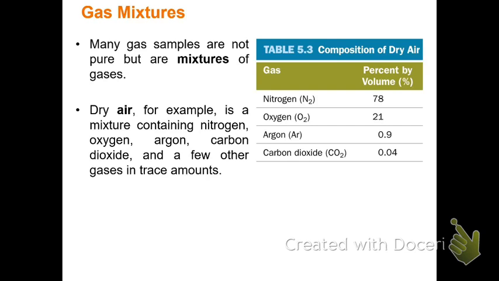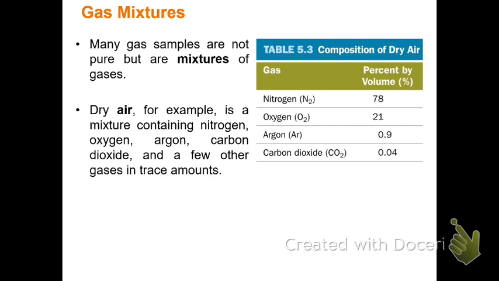All right, so the last topic here is going to be regarding gas mixtures. So there are a lot of gas samples that are not pure, meaning they don't contain just one pure sample. They're actually mixtures of different gases, right? For example, air.